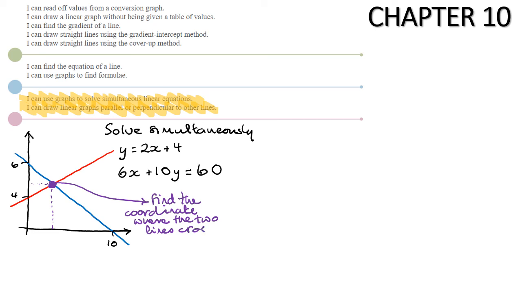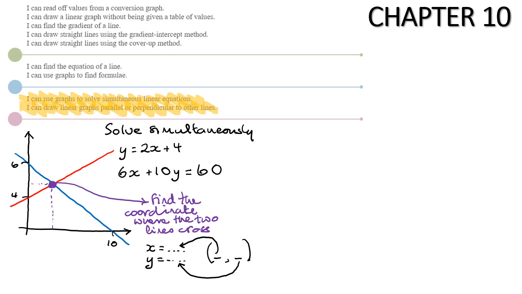And once you've found out where the two lines cross, you write that coordinate as x equals and y equals. So take those numbers from the coordinate and write them down. So you'll have two numbers, one here, one here. So you write it as x equals and y equals, because remember, x means the x coordinate, y means the y coordinate.